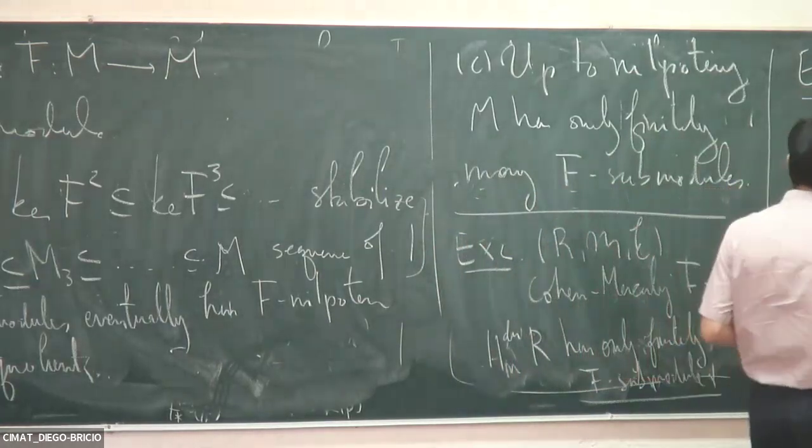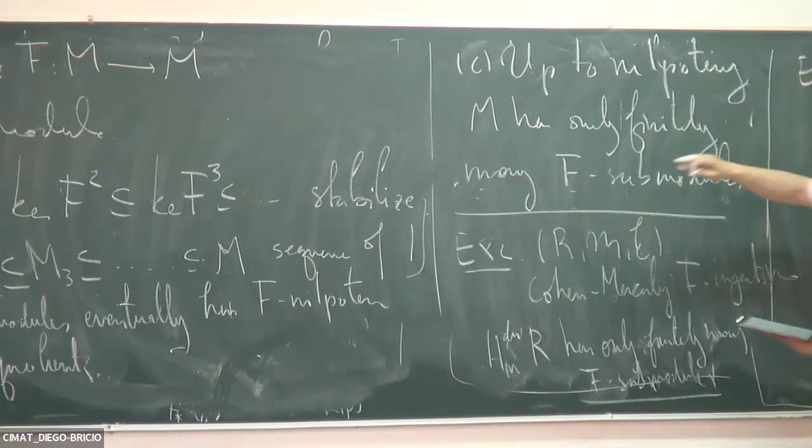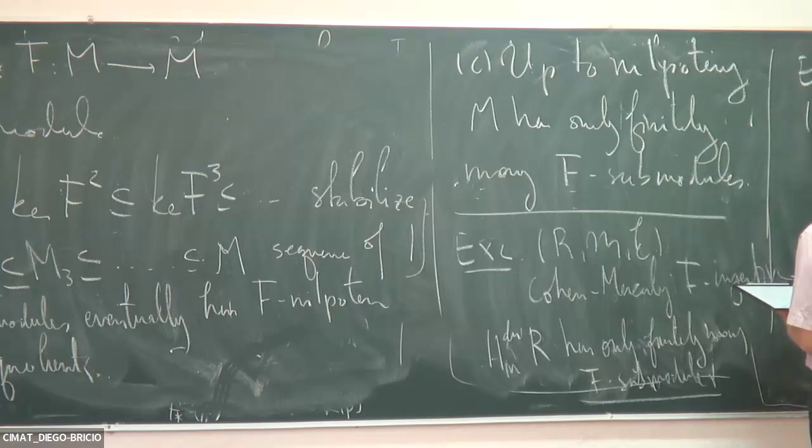There is a much more general result that was a big deal when it first appeared. Another exercise that I'm going to ask you to do, but again, this is just a corollary of that. If you have a ring that is F split, F pure, let's say, plus quasi-Gorenstein.